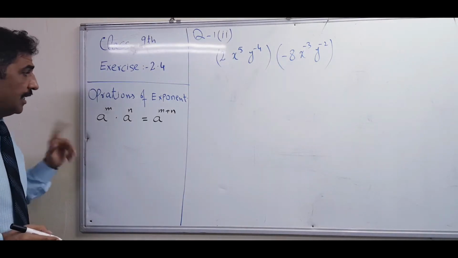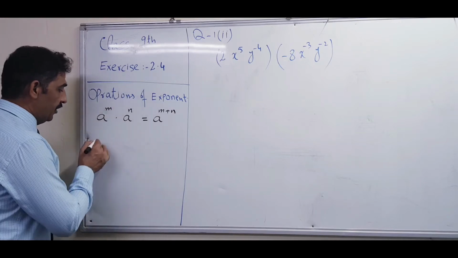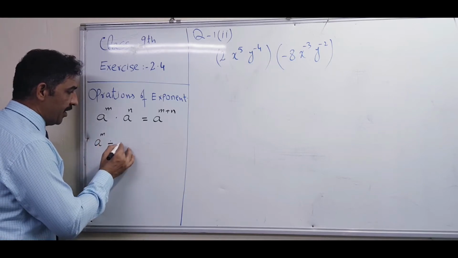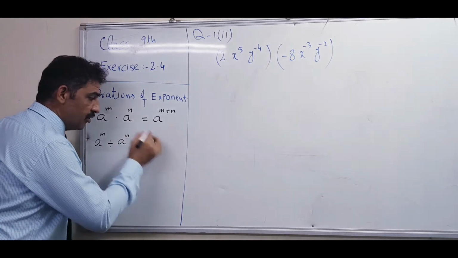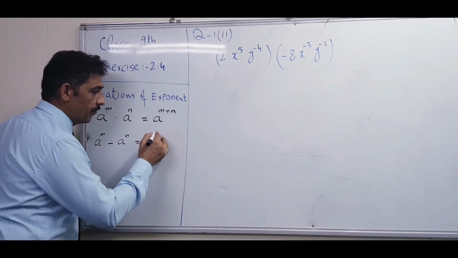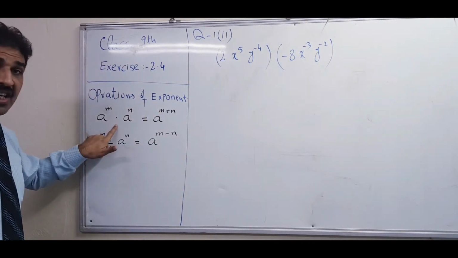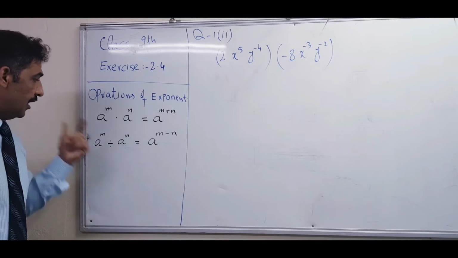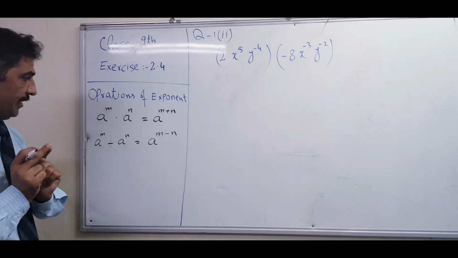The second change is that if the variables are the same but the sign of division is between them, you write the variable once and subtract the exponents. In multiplication, variable same, add exponents. If divide, variable same, subtract exponents.